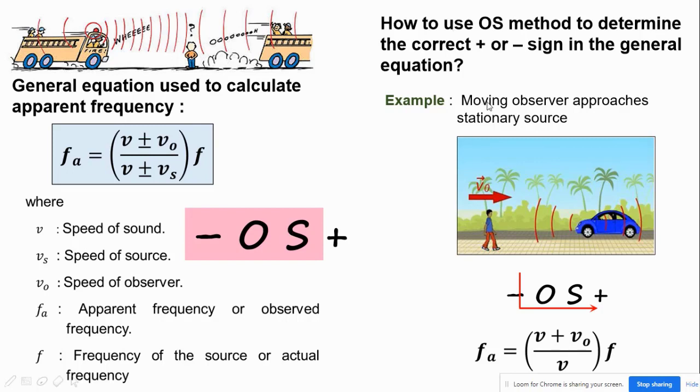Let's say we have a moving observer approaching a stationary source. So we have the observer approaching the stationary source, so we can have a positive sign at the top. So we have fa = (v + vo)/v, where the value of vs is actually 0, times the frequency of the source.